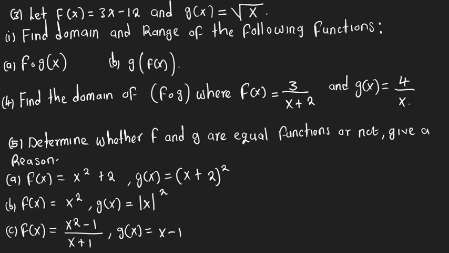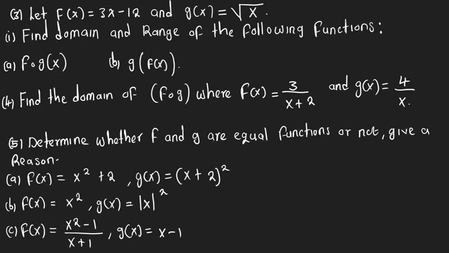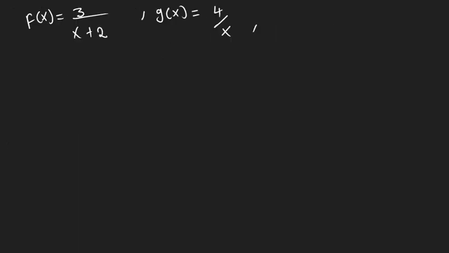They're saying find the domain of f circle g, where our f of x is 3 over x plus 2, and our g of x is 4 over x. So we are finding the domain of f circle g being evaluated at some point x.